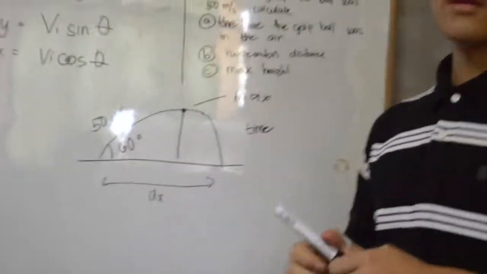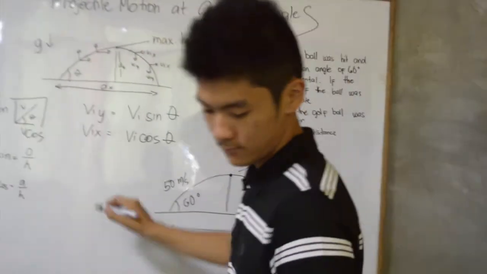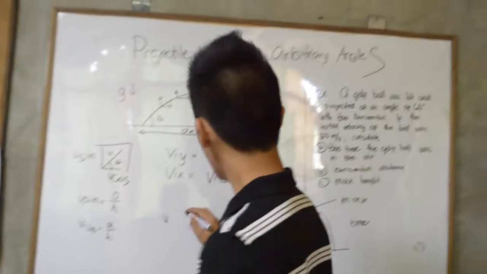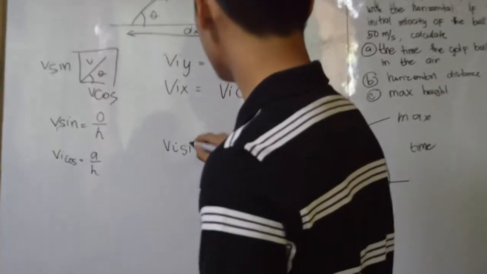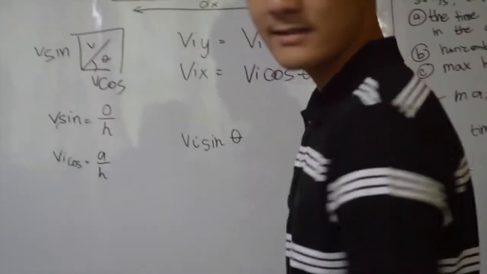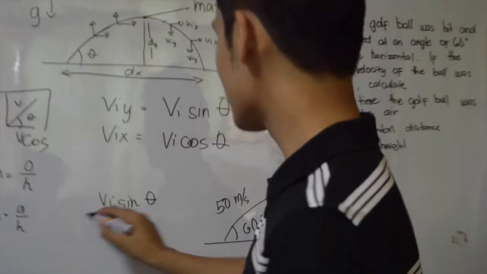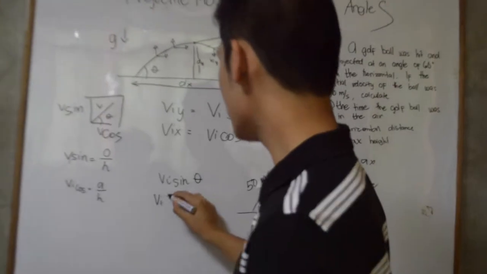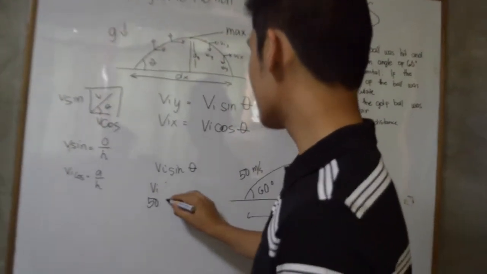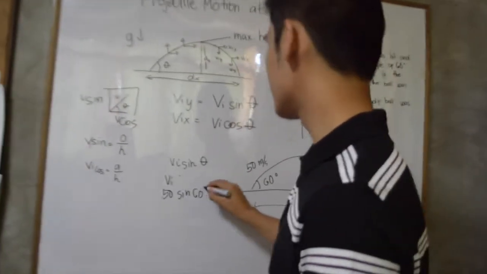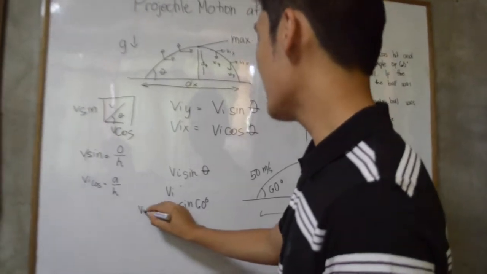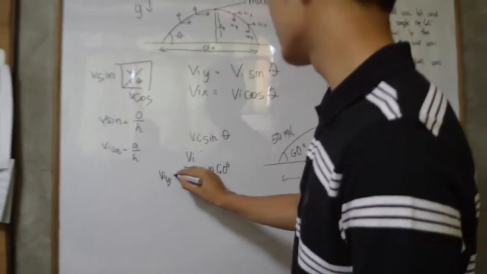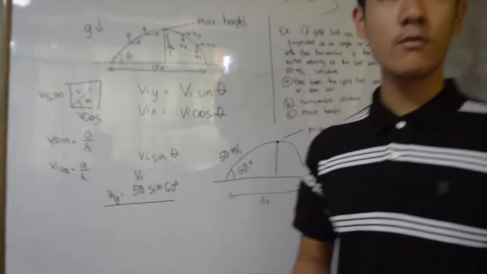The first formula would be VIy equals VI times sine of the angle theta. VI is 50, and the angle theta is 60.